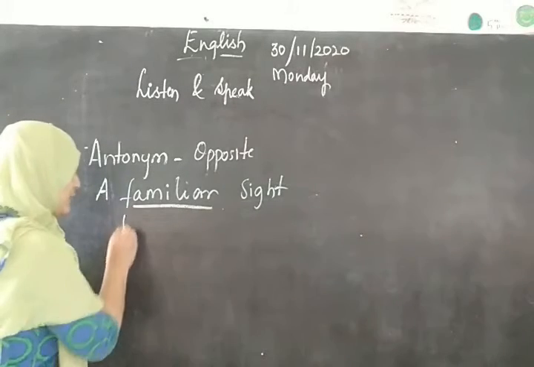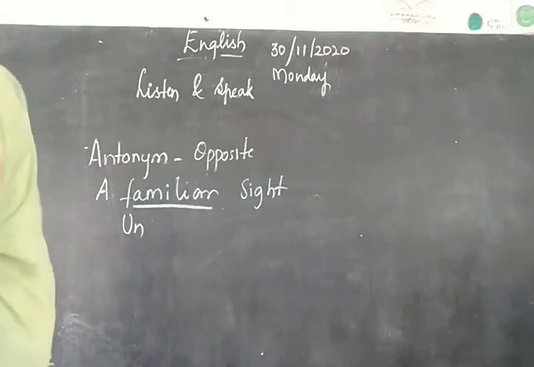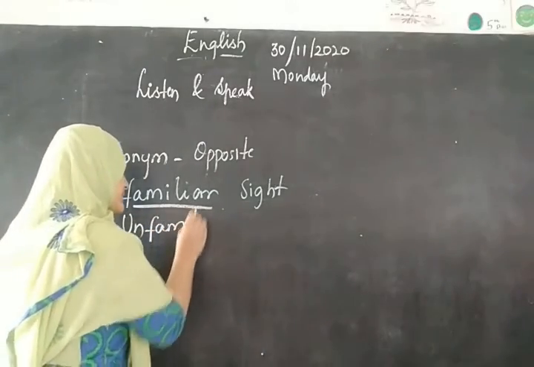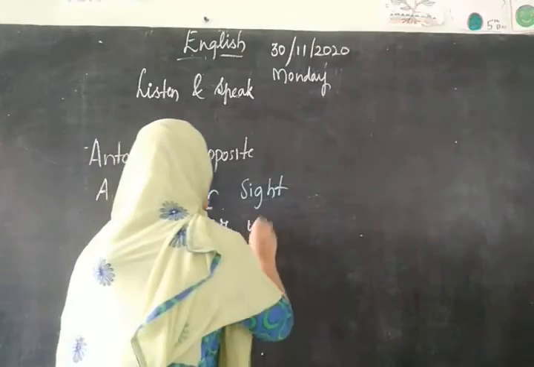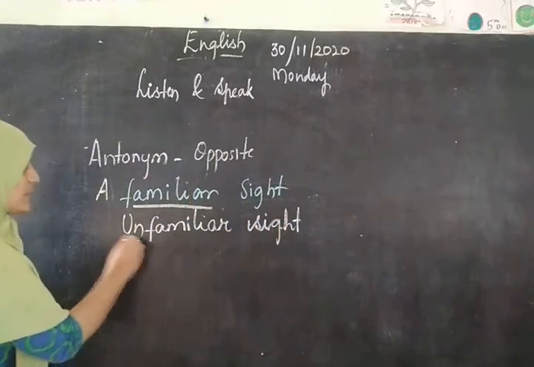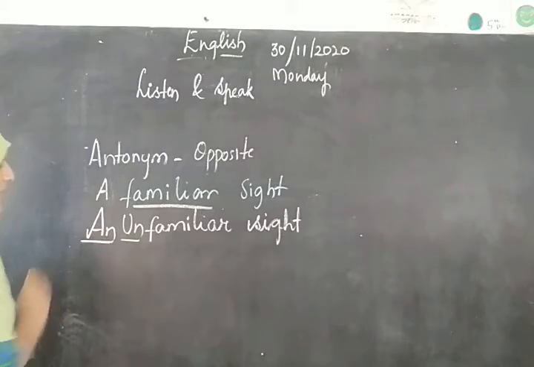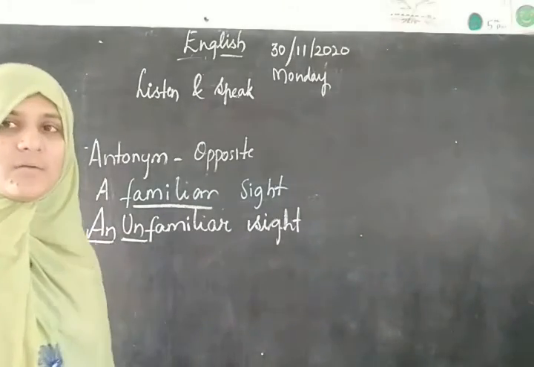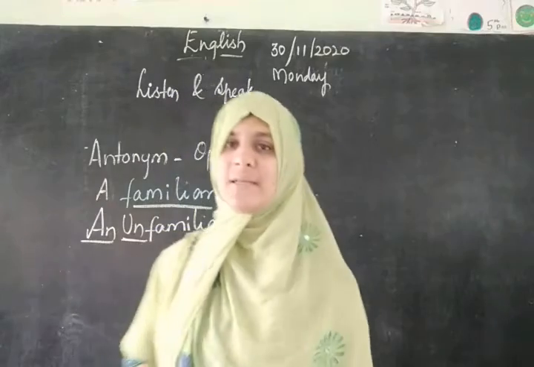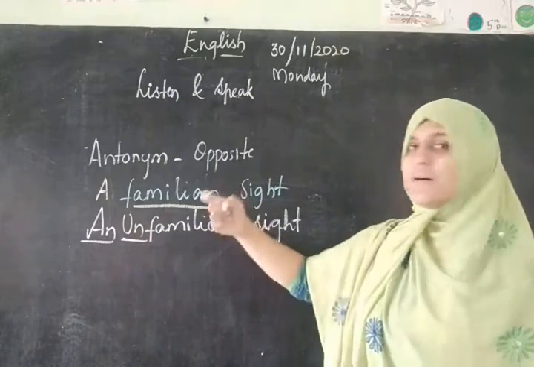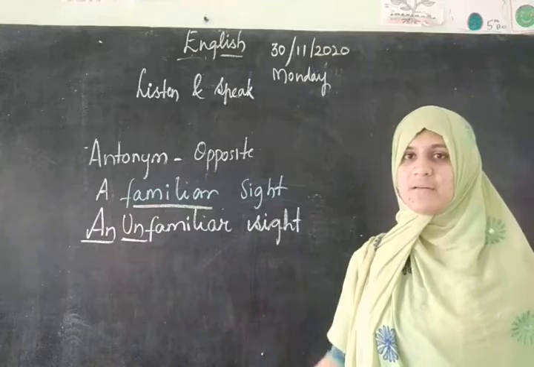You add un to the word familiar, and it becomes the opposite: unfamiliar sight. See, even the article changes, because un is a vowel sound. So it becomes an unfamiliar sight.